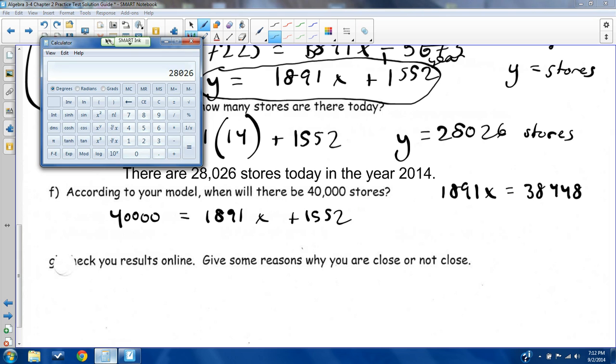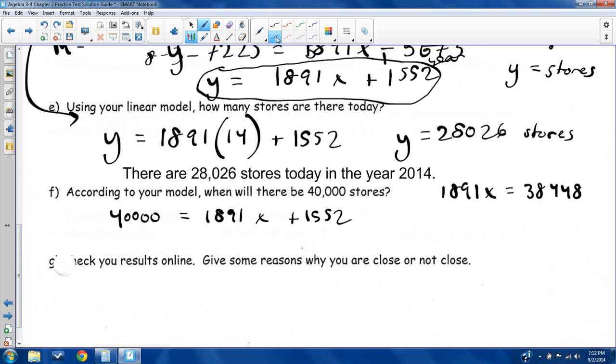I might as well do this, I don't want to screw up. 40,000 minus 1552. 38,448. Awesome.